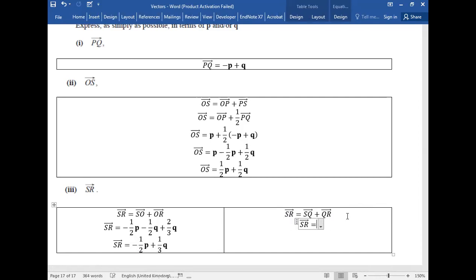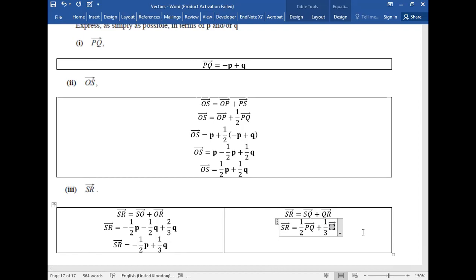What will we do first for SQ? What about SQ? It is half of. Very good. You can say that in place of SQ you can write it as half of PQ. What about QR? 1/3 of.